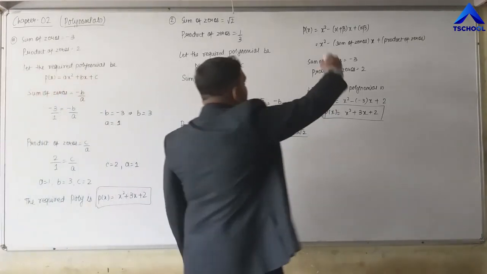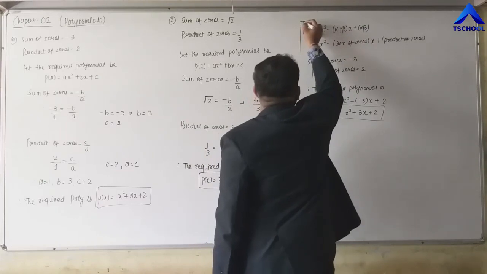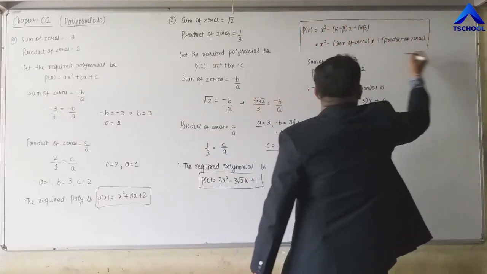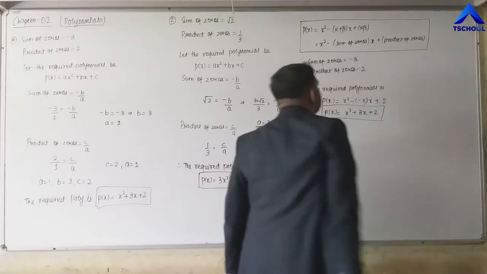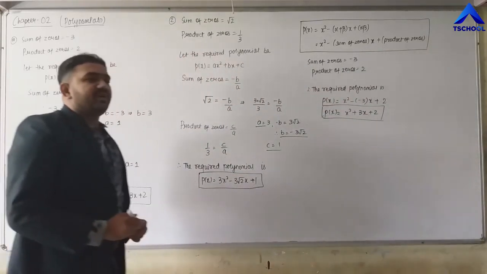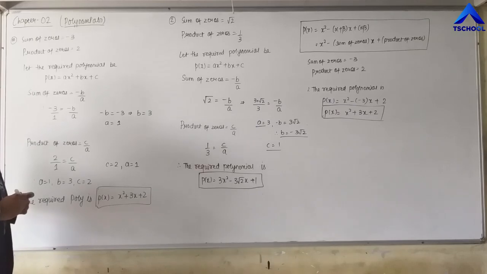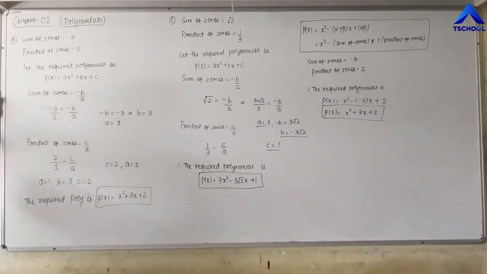So what you need to remember is that the quadratic polynomial with given sum of zeros and product of zeros is p of x equals x square minus sum of the zeros into x plus product of the zeros. Is it clear, everyone? That is the short and easy trick to be remembered.